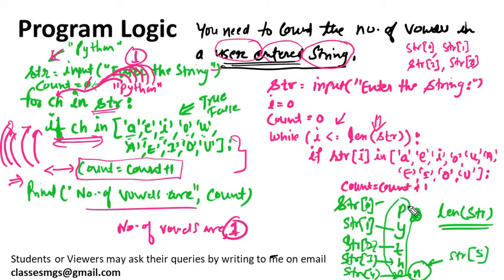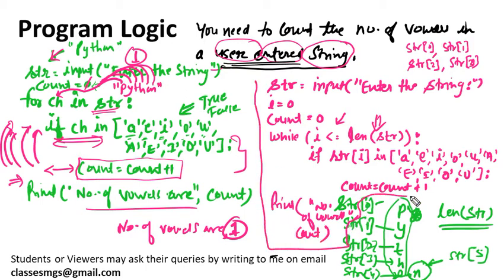And at the end of the while loop you will write like this only, print number of vowels, then you can print the count variable like this. So this way you can use the while loop also to print the number of vowels.